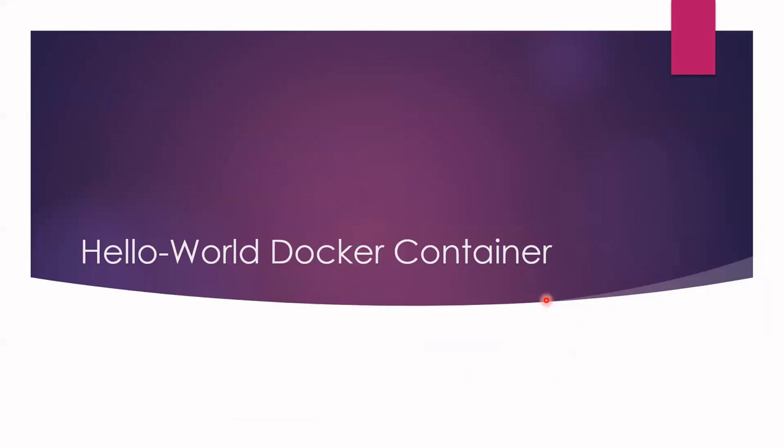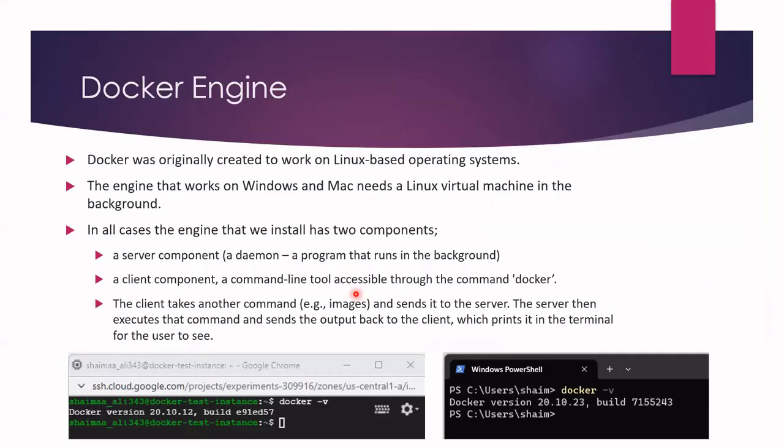We're going to start with the Hello World container that is available through Docker. Now, first of all, in order to run the container, we need the engine installed locally. And we're gonna get a container image already existing, available for the public. But before we can pull it or run it, we need the Docker engine itself to be installed.